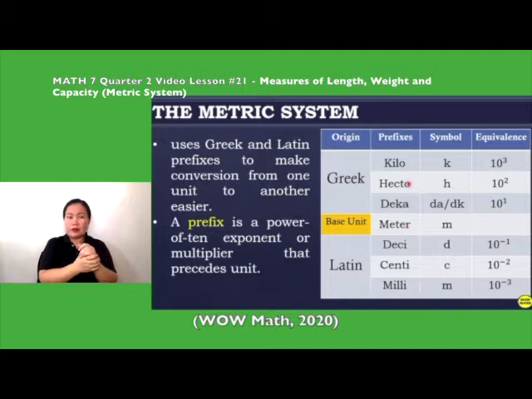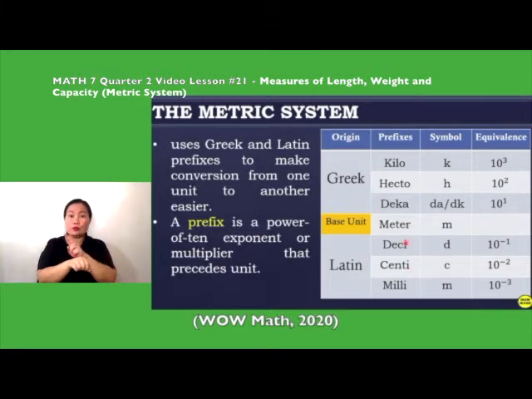And then, paano pag hekto? So, isang move lang siya. So, 10 lang yon. So, 1 kilo is equivalent to 10 hectometers. Okay, so ganun po ang pag-convert natin ng metric system. You can make use of the prefixes, which is also the power of 10. Now, halimbawa, deci, centi, and milli. So paano naman ito? If you are asked to convert centi to meter, so since smaller unit to bigger unit, we are actually dividing.